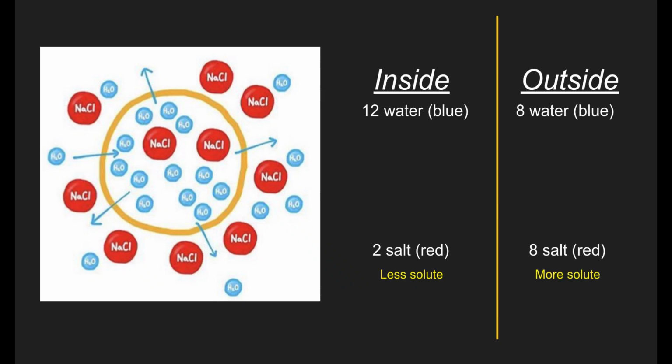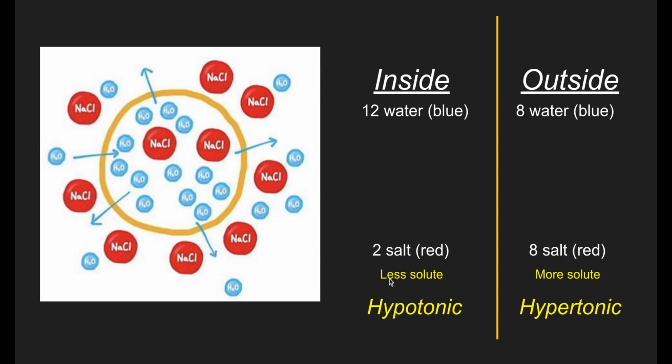Whenever you have less solute, we call that area hypotonic. And whatever area has more solute, we call that hypertonic. So inside the cell, the condition is hypotonic because there's less solute in there, less red dots. And outside the cell, it's hypertonic because there's more solute out there, more red dots.